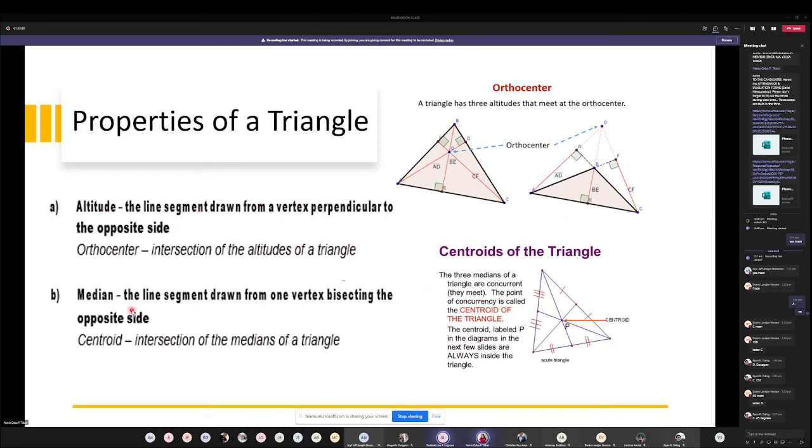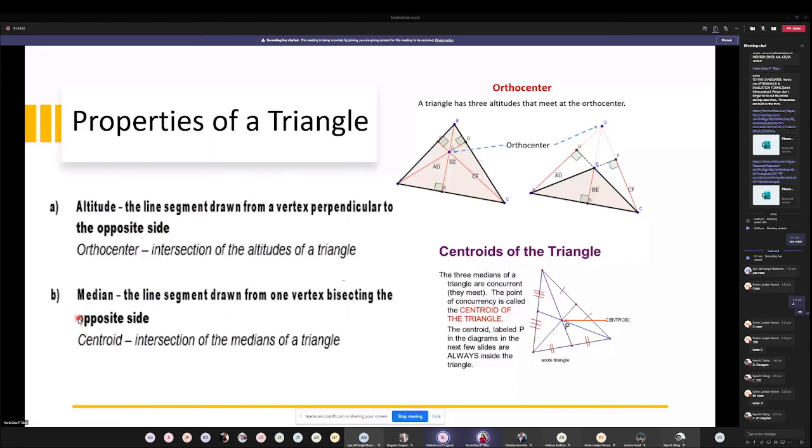So the median is the line segment drawn from one vertex, bisecting the opposite side. From the word median, it talks about the middle, or one half. If you draw a line segment from one vertex and it bisects the opposite side, it doesn't mention that the bisector should be perpendicular to the opposite side.